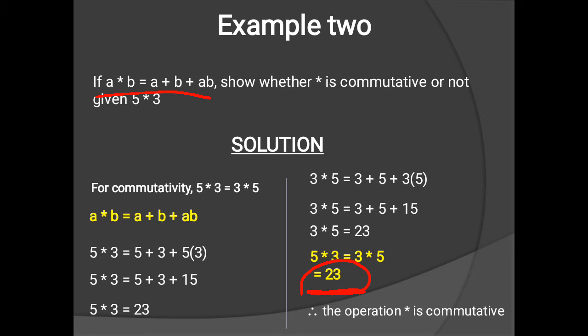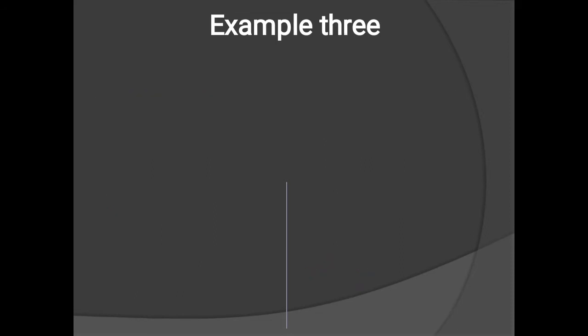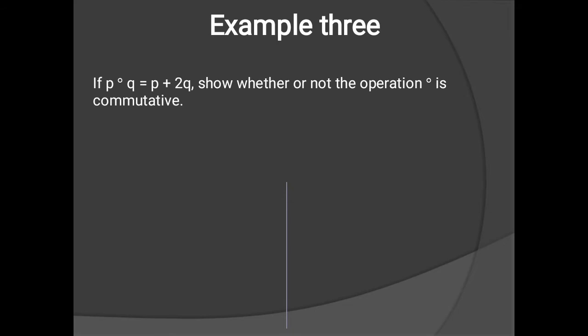Let's check another example. Example 3 using variables. Then example 4 we use numbers. So if P operation Q equals P plus 2Q, let's show whether the operation is commutative or not. So it is the first one, P plus 2 times Q, 2 times the second one.